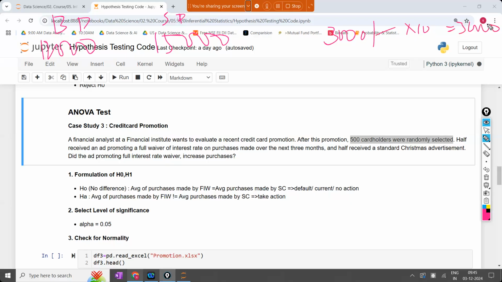There is one more option: instead of selling directly in a single shot, give an EMI facility, for example paying 5,000, 5,000, 5,000. Automatically, more people will start purchasing.